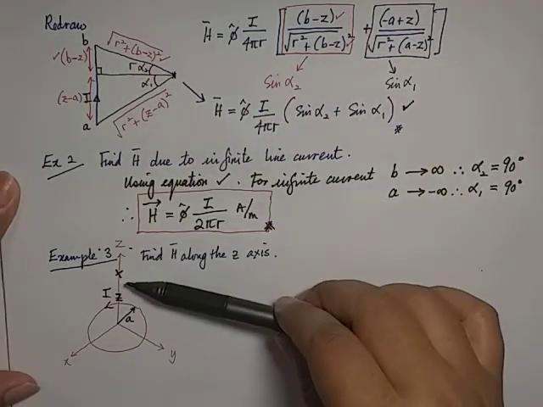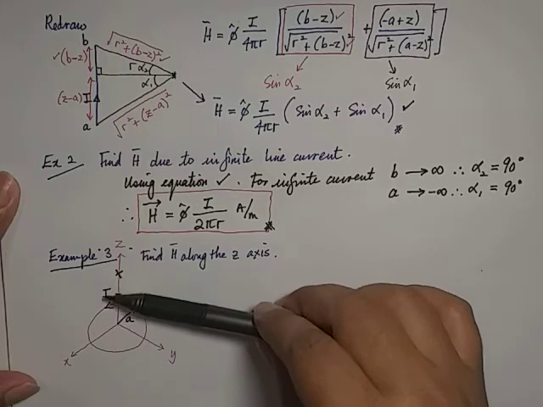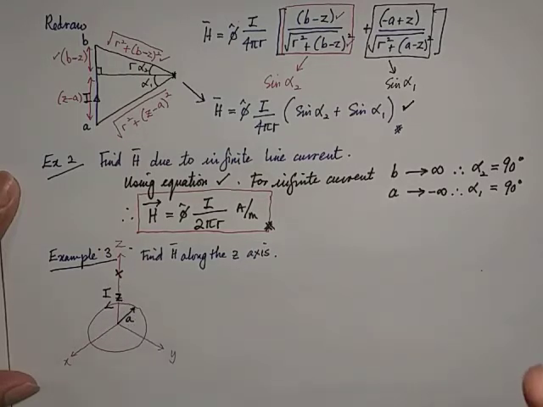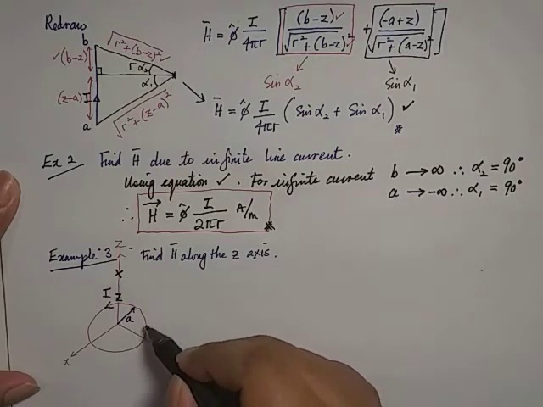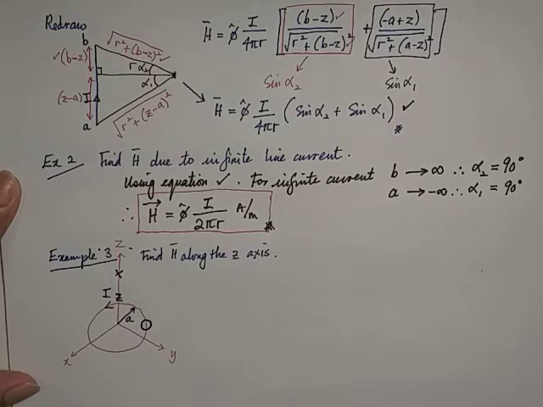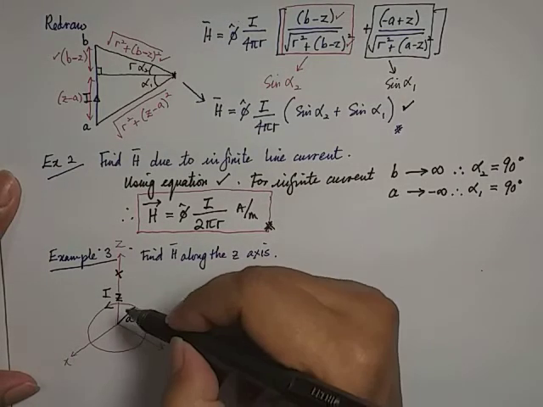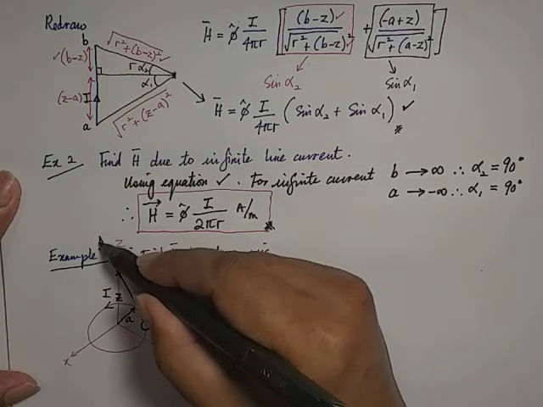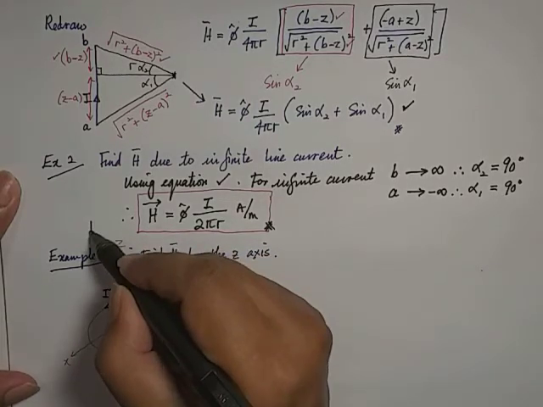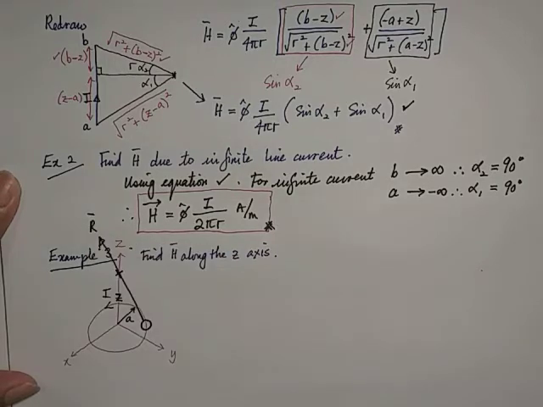This point can be moved along the z-axis, therefore I'm giving the variable to be z. Okay, then the next step after that is taking a sample. I'm going to take my sample here. And then the following step is joining the sample to our H location, and that should be our R vector. Okay, so standard method.